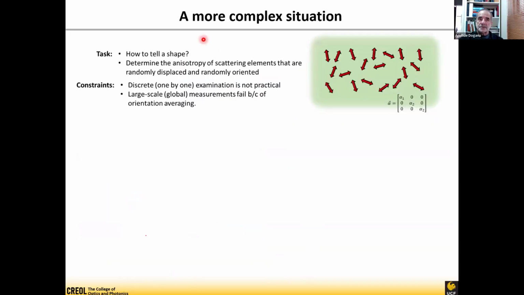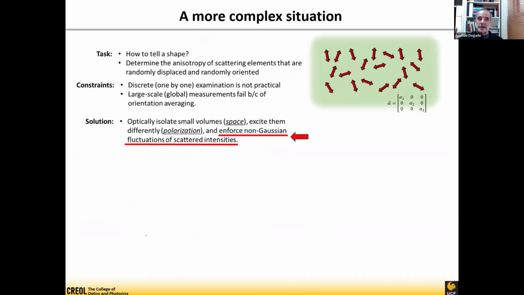But how about if the situation is more complicated? You have more objects, more anisotropic objects. What do you do? You cannot examine them, and let's suppose that you cannot examine them one at a time.